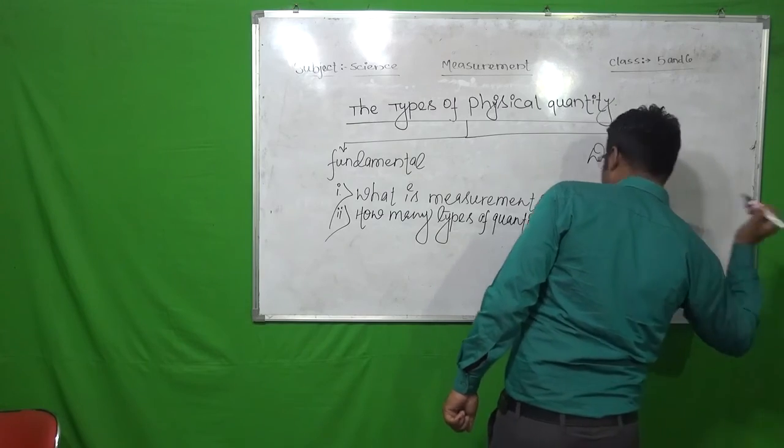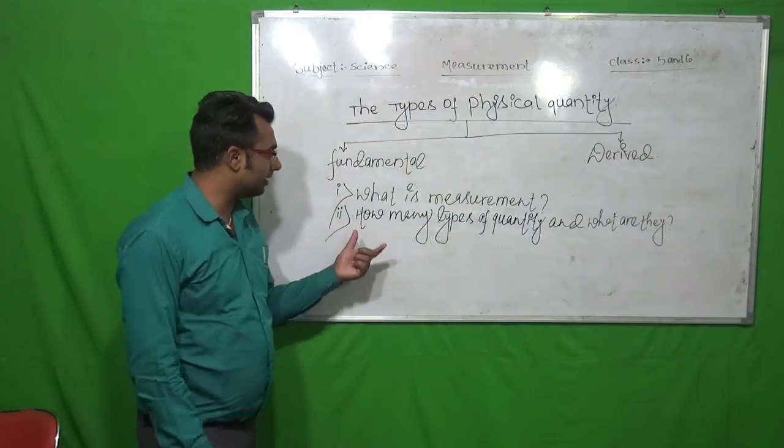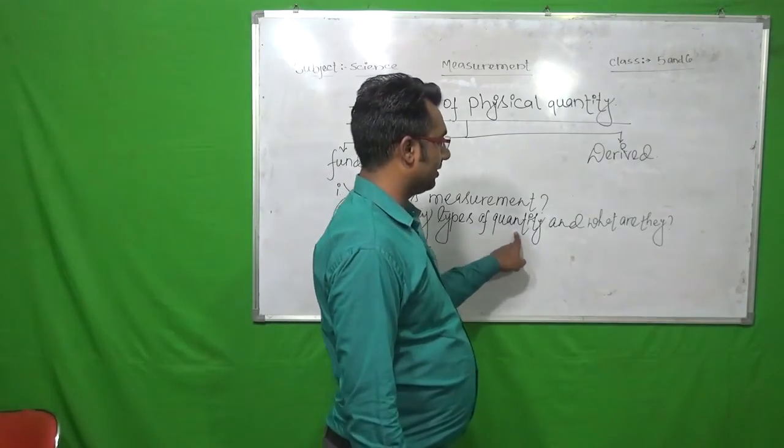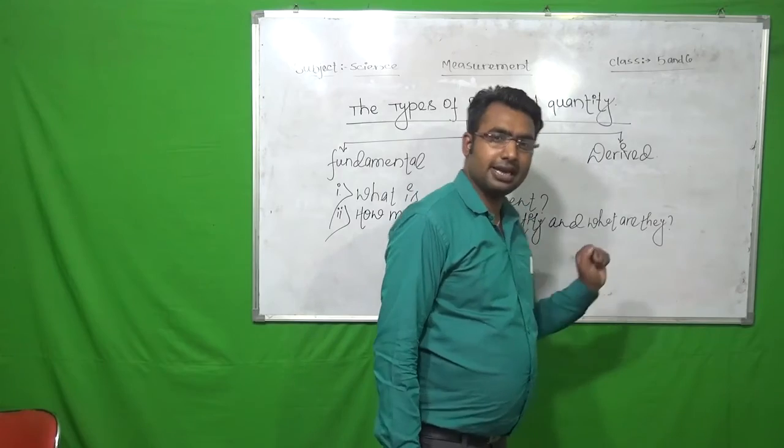Okay, two questions we have right now: what is measurement, and how many types of quantity and what are they?